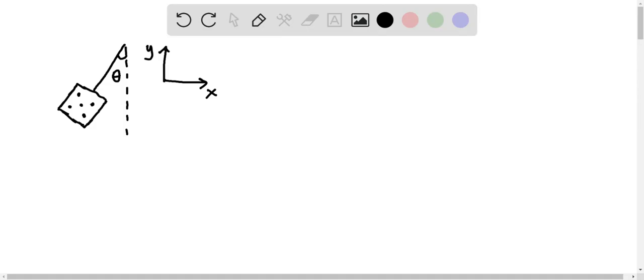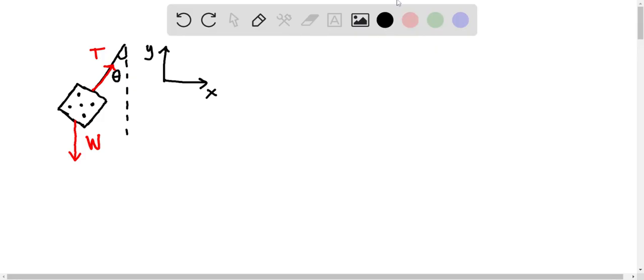Then, applying Newton's second law, we can obtain equations for the y and the x component. Doing that, we find that we have a tension that we call T, due to the string, and we also have the weight of the dice that we call W.